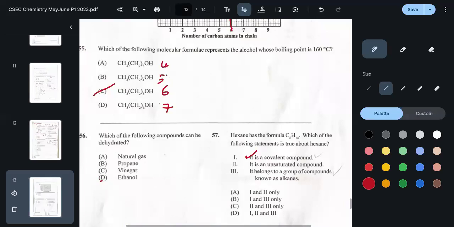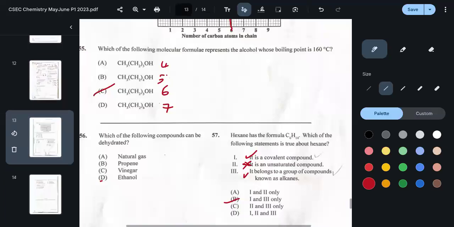Once it has a double bond, it is unsaturated. Alkenes are unsaturated. Alkanes are saturated because they only have carbon-to-carbon single bonds. And this one is correct, it belongs to alkanes. So it would be 1 and 3, which is B.